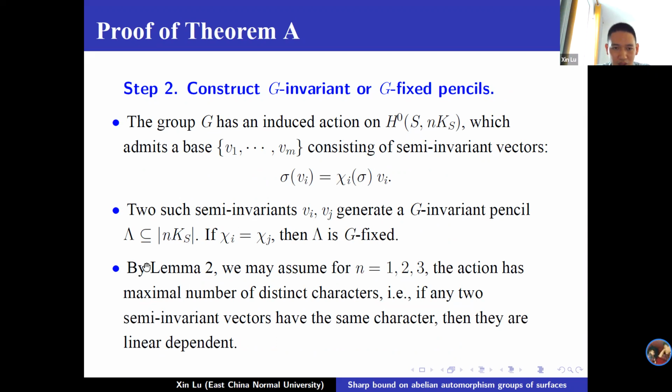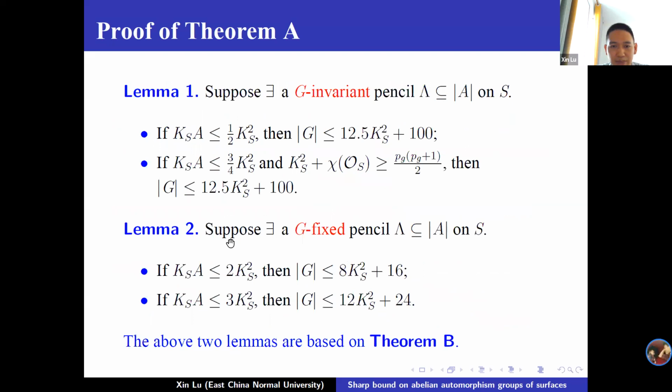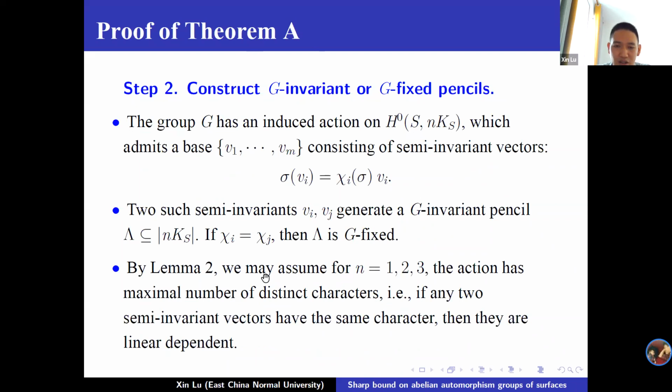The first step is that by our second lemma, if we have a G-fixed pencil with Ks squared not too large, then we have a bound for this. So by this lemma, we can assume that for any n equal to 1, 2, 3, the induced action has the maximum number of distinct characters.